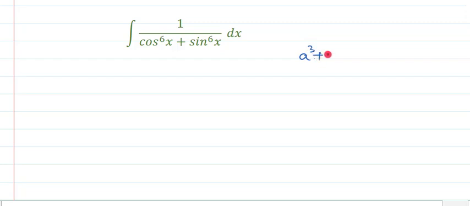We know that a cube plus b cube is a plus b into a square plus b square minus ab. If this type of identity can be created here, then we can simplify further. But with power 6 we can't proceed.